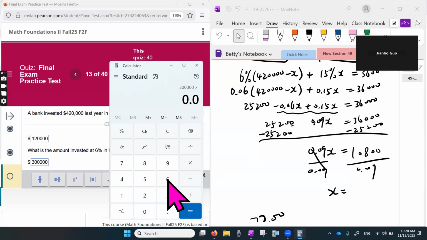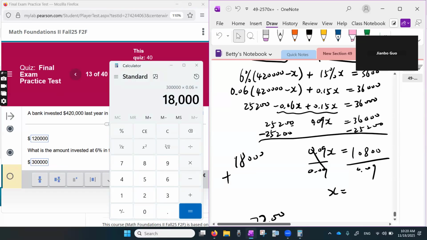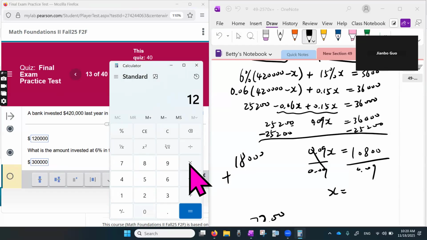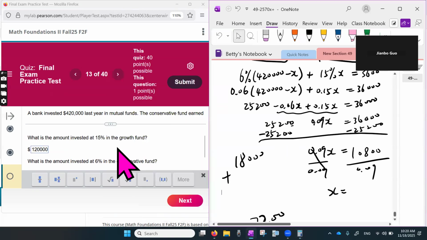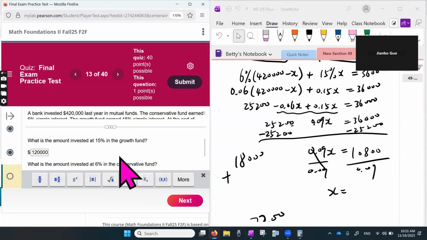So the interest is 0.06 times 300,000, which is 18,000. And 120,000 times 0.15 is another 18,000. Together it's 36,000. Yeah, it's correct, by the way.